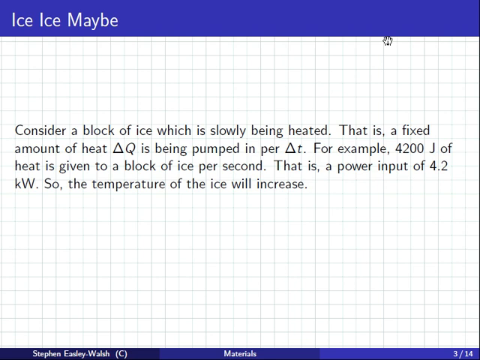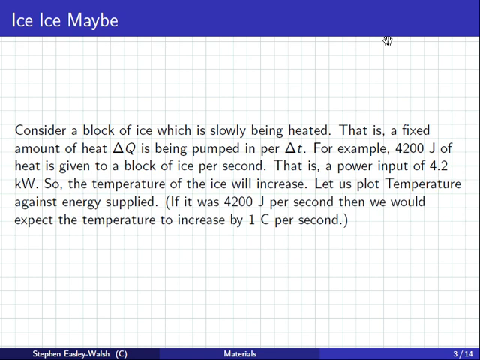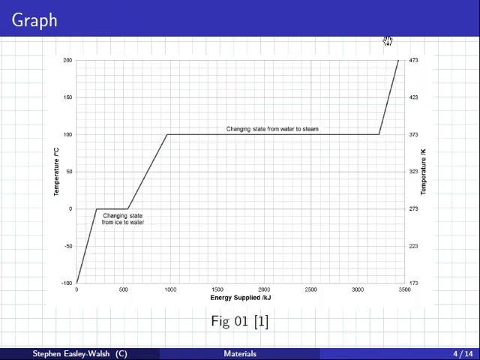What I want to look at is the temperature of the ice over time. Let's plot that. On the y-axis I have temperature, and on the x-axis I have time. The graph I'm going to show you is important. All that's on the x-axis is energy supplied in total.